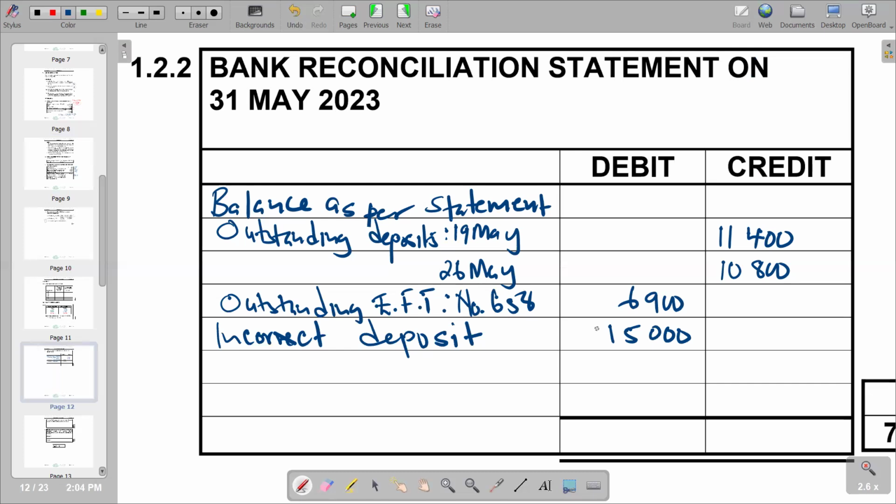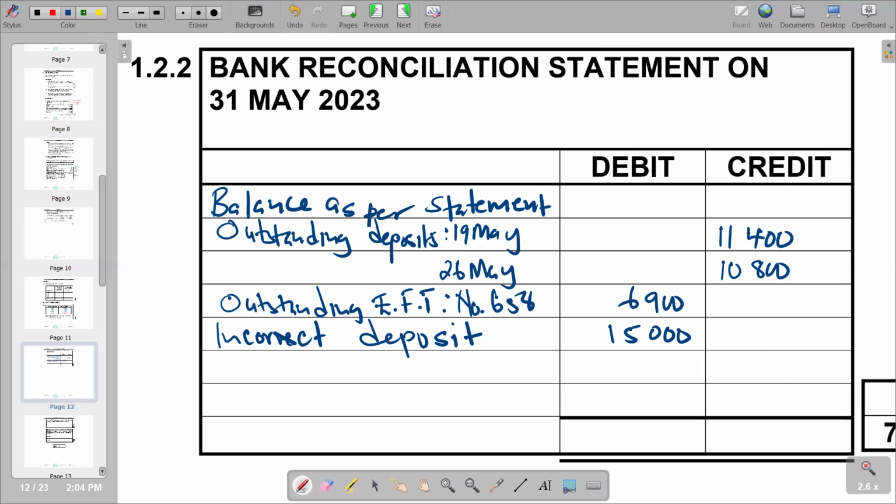So this is what we have, and with that we can now balance our account. Remember, we cannot find the balance as per bank account according to the information we've exhausted.